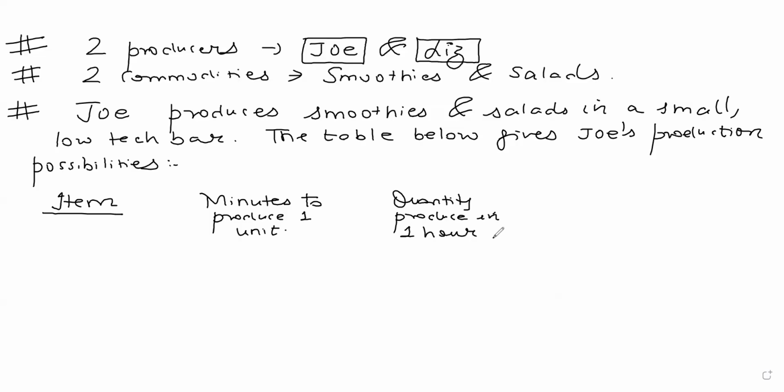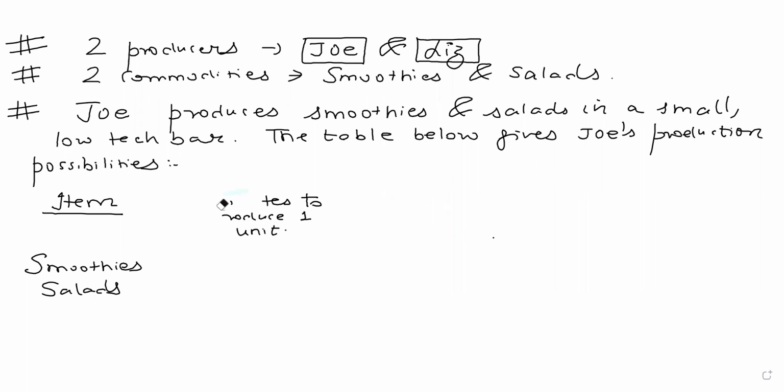So there are two items, guys. We have smoothies and we have salads. Let me write it more concisely so that I can also use the Liz table here. So minutes to produce 1 unit and quantity produced in 1 hour.